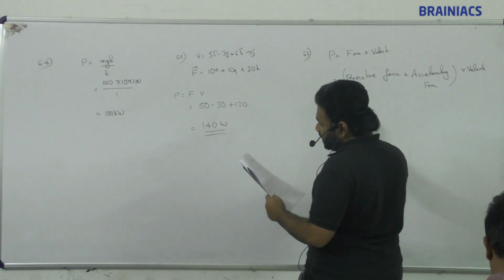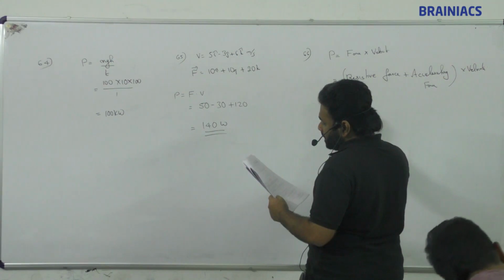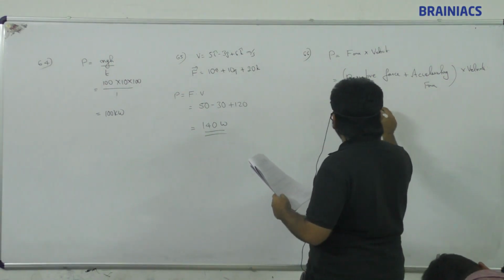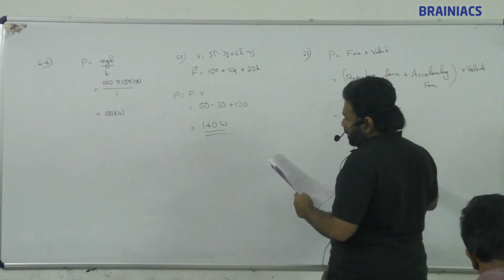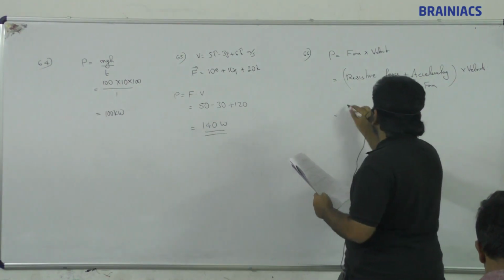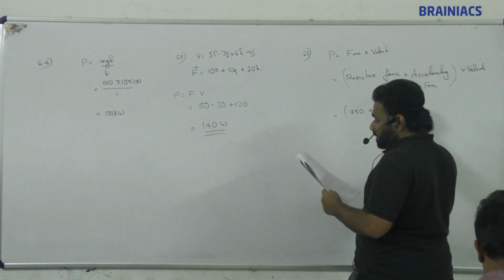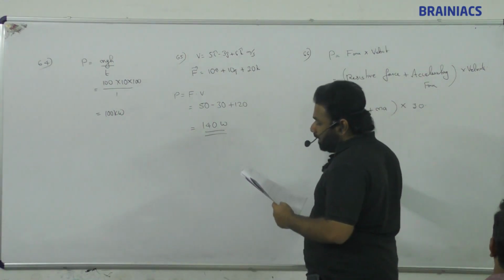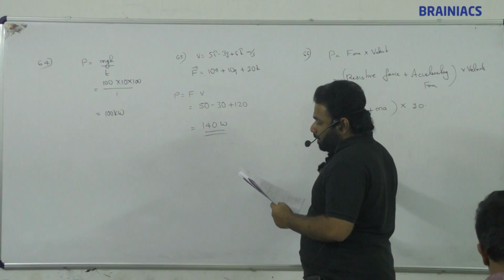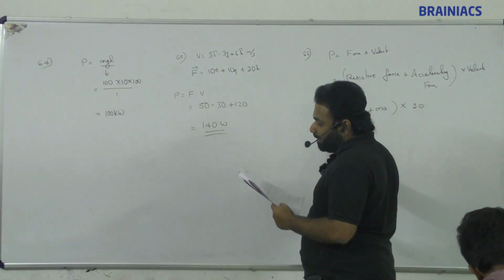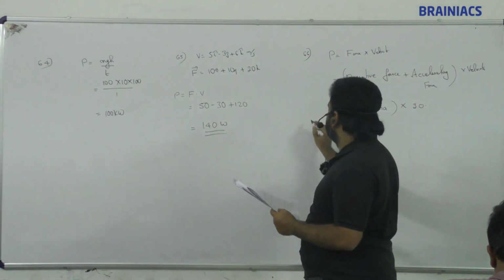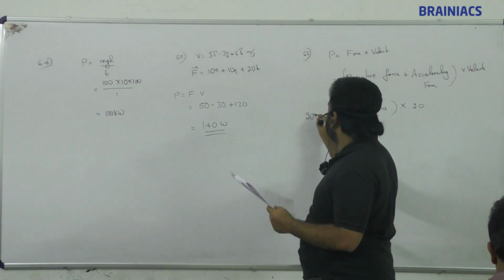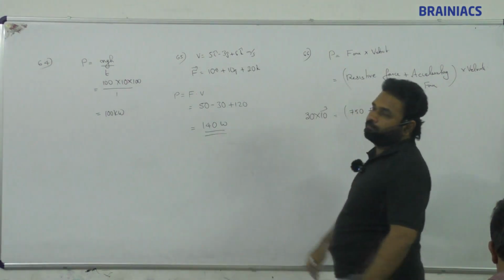So resistive force how much is given? 750 Newton plus MA. So this into what is the velocity? 30. Then what they are giving? If the engine can develop 30 kilowatt at this speed, so this is going to be 30 into 10 raised to 3.